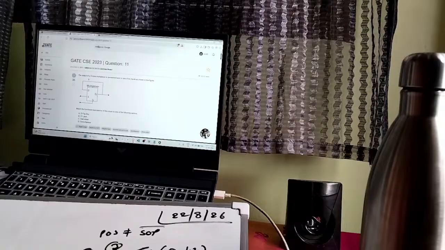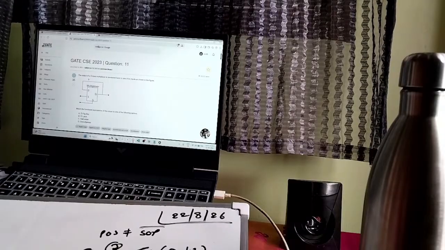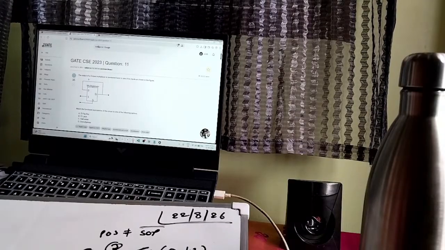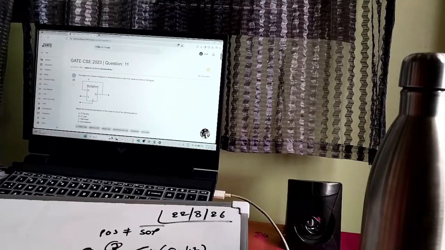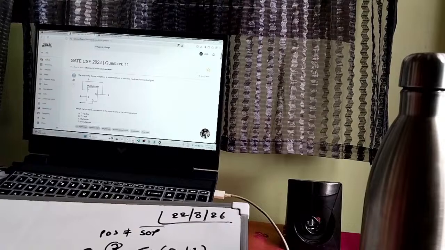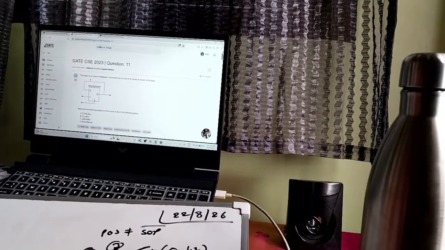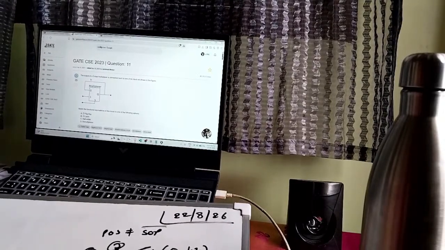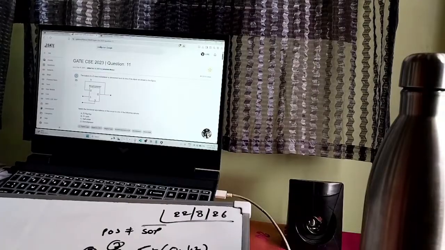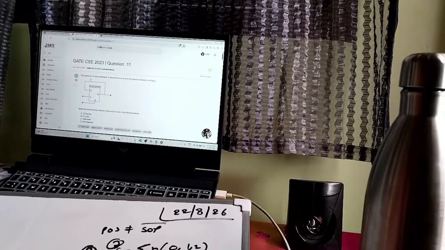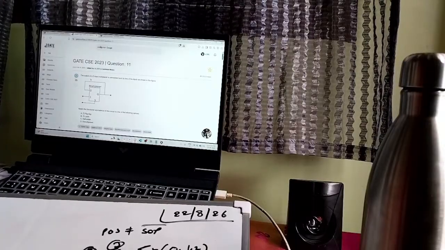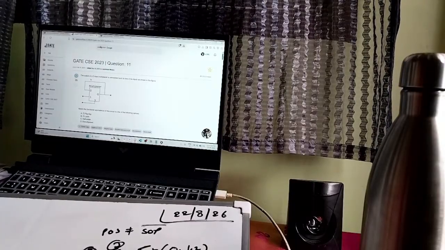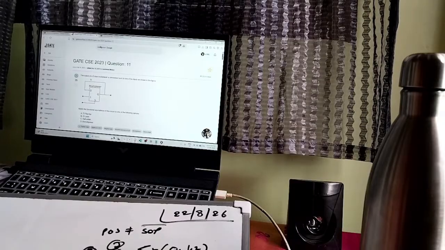Here the expression of the multiplexer is Q equals 0 X dash. They are asking which latch, I think the multiplexer latch, with Q, right? Yes. The Q expression is just S. So if we go in again with S, what will it become?